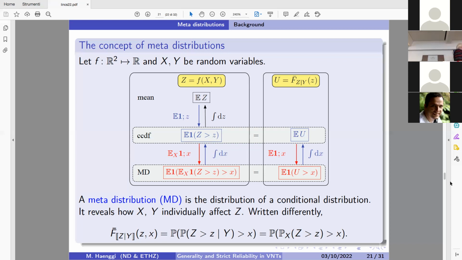Then the CCDF is just the expected u, and this meta distribution is the distribution of u. So this is the notation that we use. That's the meta distribution of z, where we first condition on y. And instead of using the expectations of indicators, now we can write this using probabilities in this form.